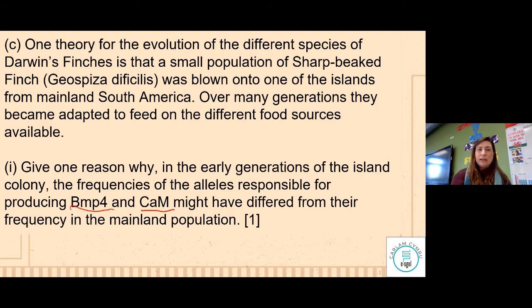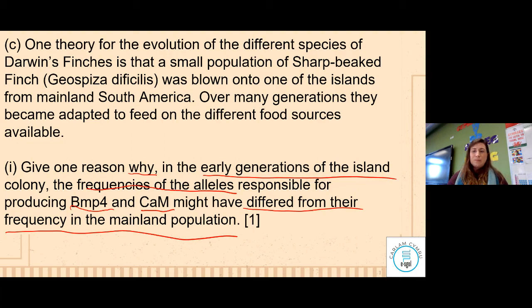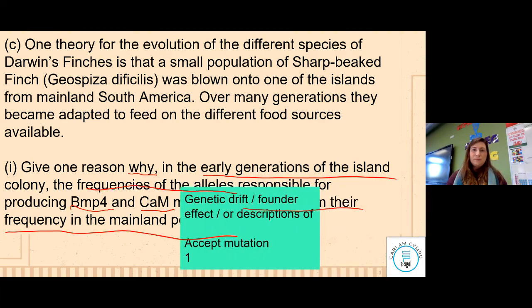Have a look at what it's really asking you. And if you're not ready, just press pause. Okay, so we're talking about founder effect or genetic drift. They have also accepted that there may have been mutation.